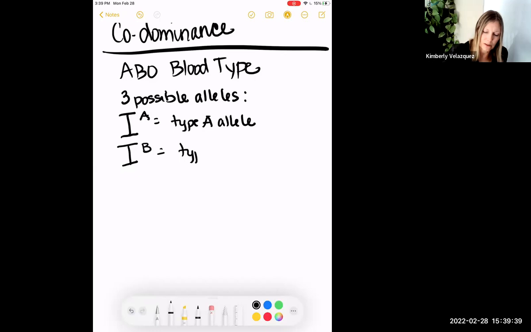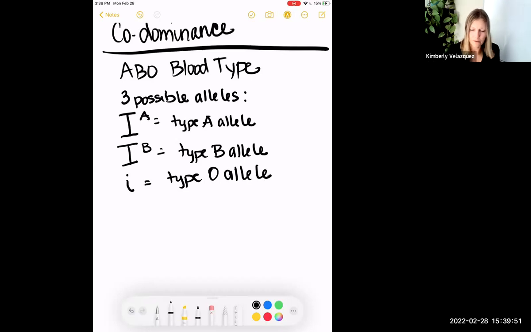This is the type B allele. And this little I is the type O allele. Again, I'm going to define codominance for you after I give the example because it will make more sense then.